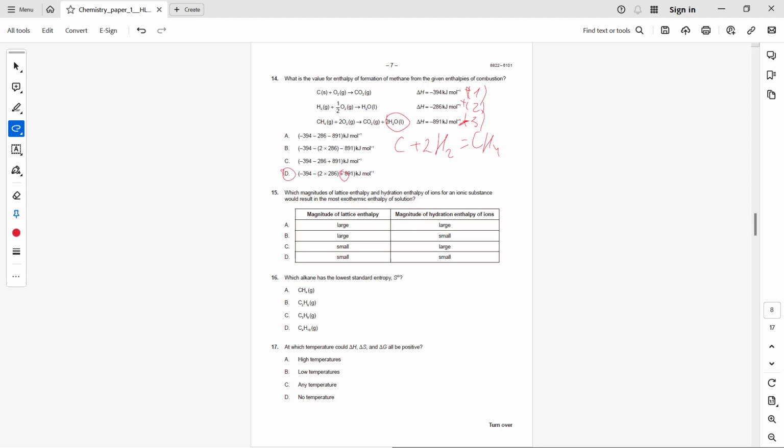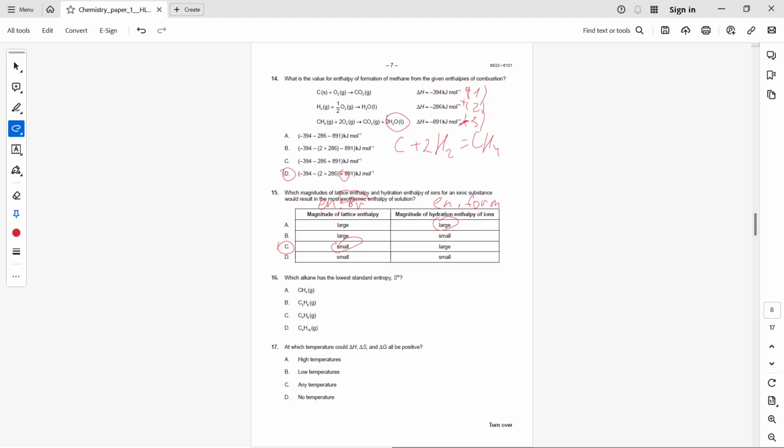For the next question, this is the energy of breaking the lattice, and this is the energy of formation of the new lattice, if we can say so. So this should be large and this should be small, so the option is C, because we need the most exothermic, right?